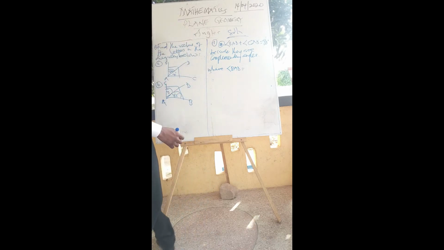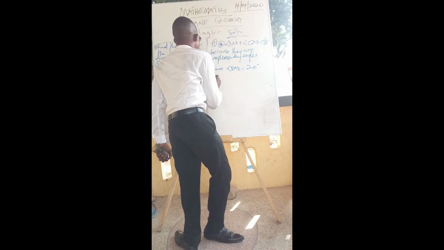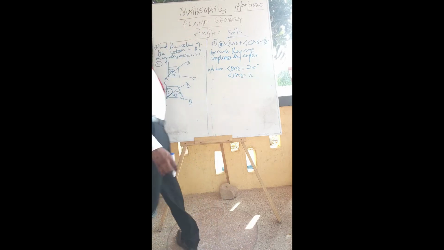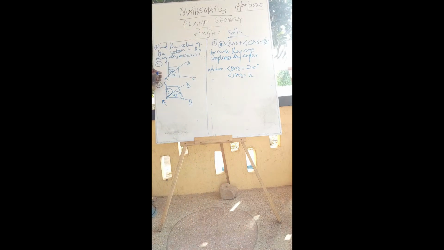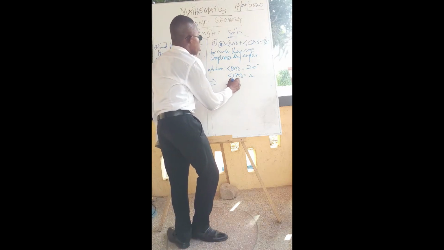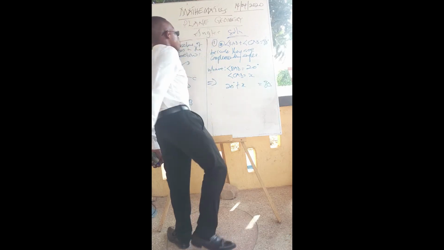Where angle BAD is about 20 degrees. So angle CAD is what? X in the diagram. So this implies 20 degrees plus X equal to 90 degrees.